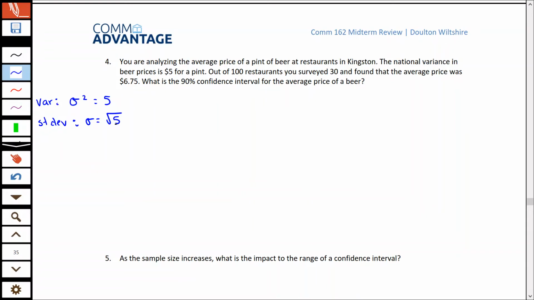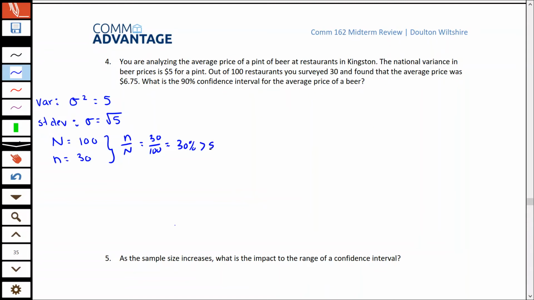It says out of 100 restaurants, you surveyed 30. So this is telling us that the population is 100 and our sample was 30. This is really important because anytime we have a population size, we have to check for whether or not we need the finite correction factor. And so if we check for that, right, our n over N, sample size over population size, this is going to give us that our sample size was 30% of our population.